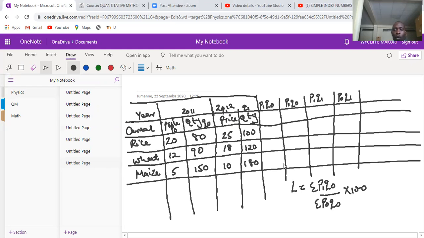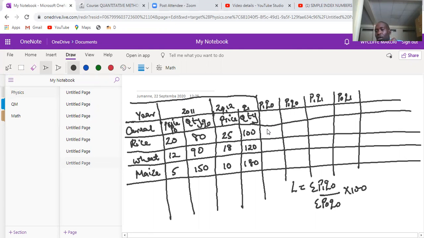So when we are talking about P1 Q0, we simply mean P1, which is the price for 2012, times Q0, which is the quantity for 2011. Remember, Q0 is here. So we multiply these two, P1 times Q0, and what is it going to give us? 25 times 80, how much is it going to give you?